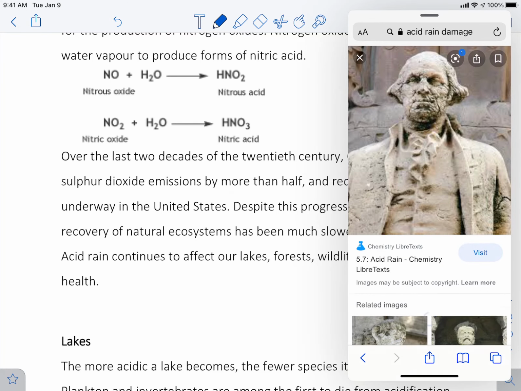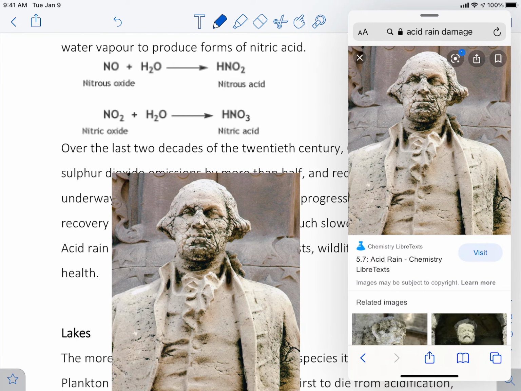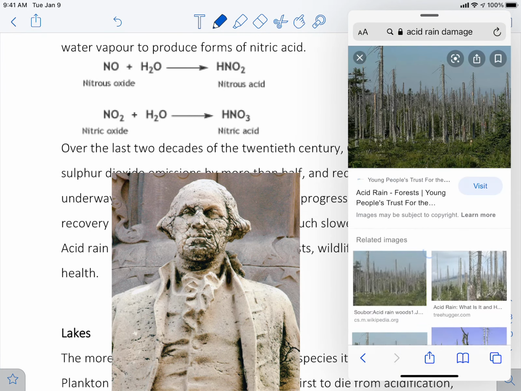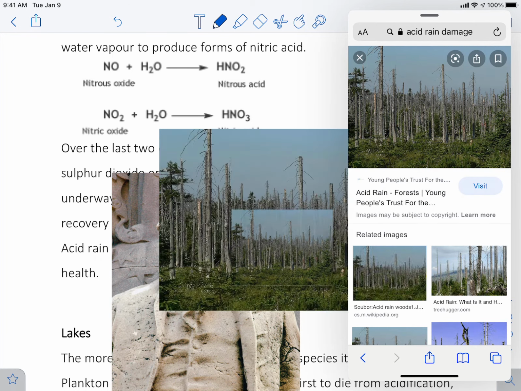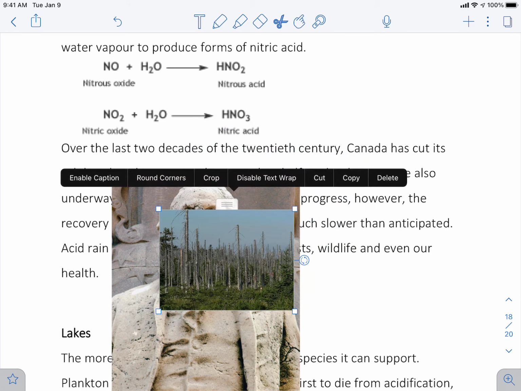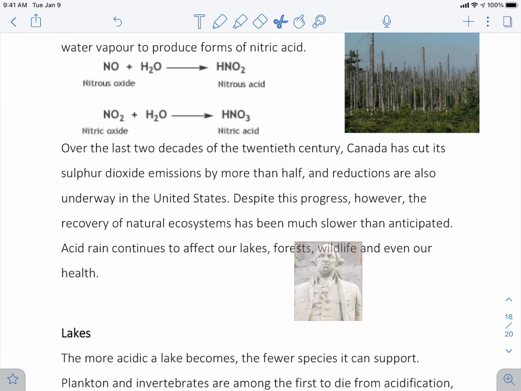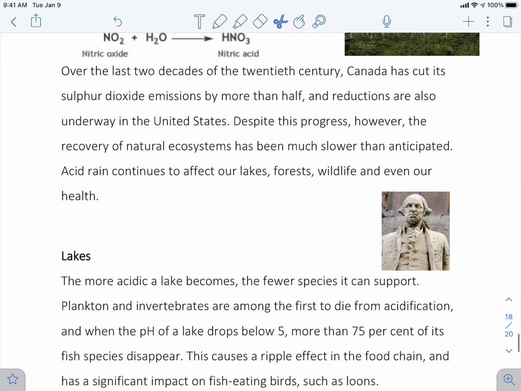This pitting that you see in statues like this is due to acid rain. And also in our forests, there are entire forests where the acidity has essentially caused the soil to no longer be suitable for those plants, and also even cause damage to the plants themselves. So these are all places where damage has happened.